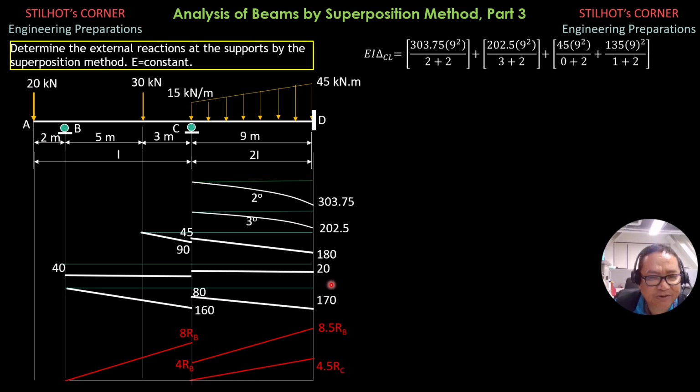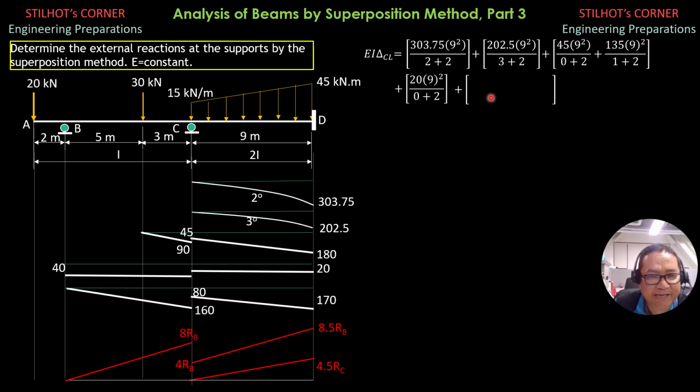Next, for this 20 kilonewton meter couple, plus 20 times 9 squared over 0 plus 2. And for this diagram, loading or moment, we have a couple 80 and 170 minus 80, 90 kilonewton meter couple, first degree.